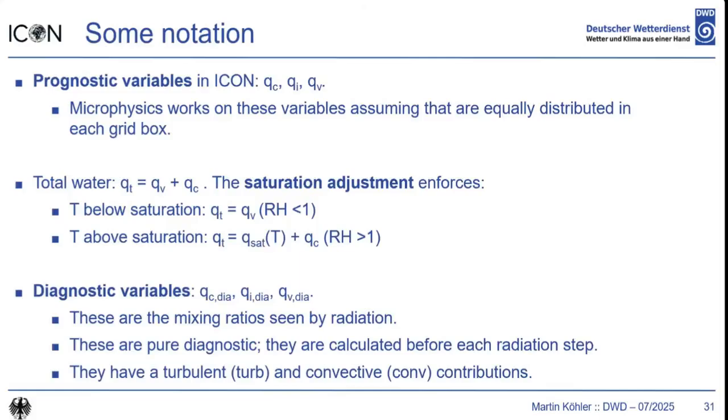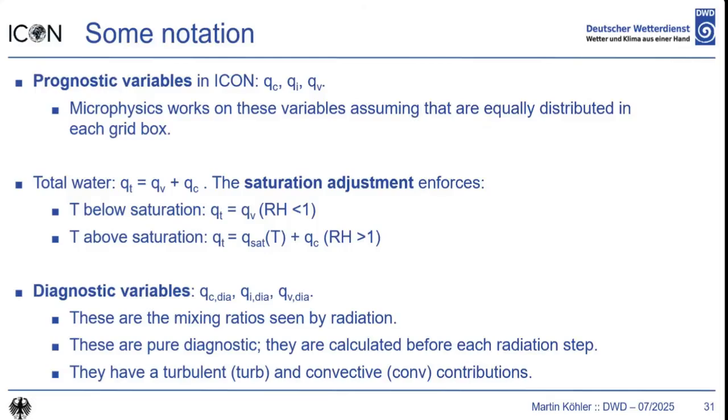For liquid, that would be water vapor plus cloud liquid water. So if we add that together, saturation adjustment works only with these 2, and it will keep QT, this total water, as a constant. Even if you change between vapor and cloud, you need to conserve QT in this case. And then you can do stuff with that.